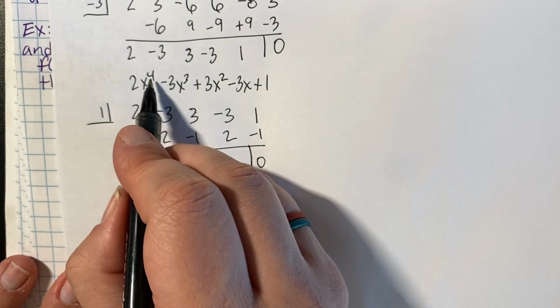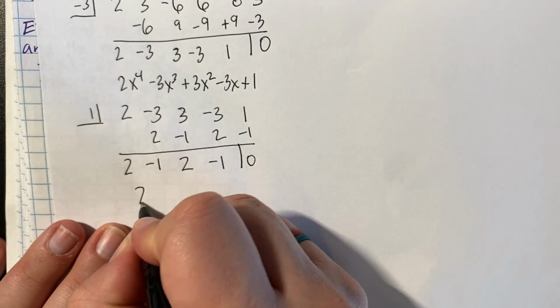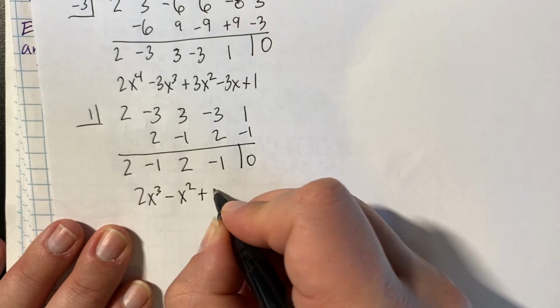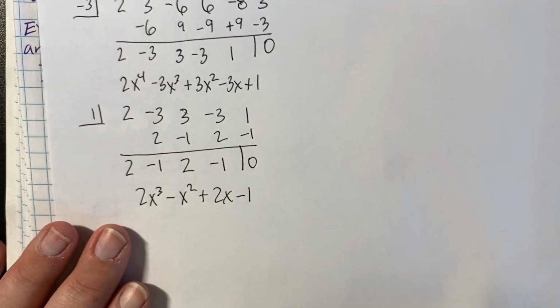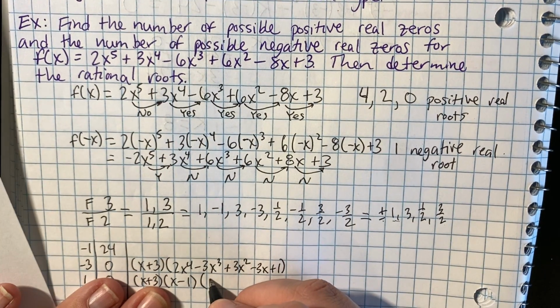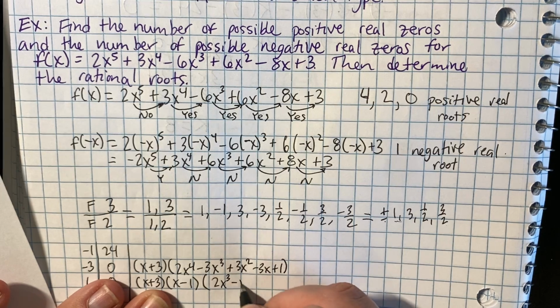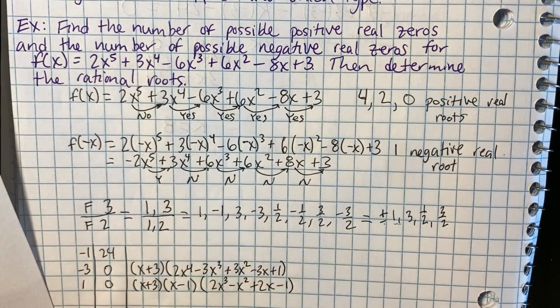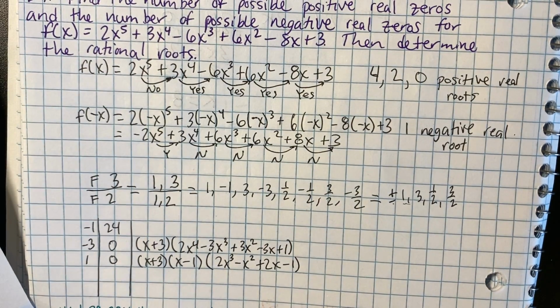Awesome. So this was to the 4th, so this is going to be to the 3rd. Minus x squared plus 2x minus 1. So this is what goes right here.